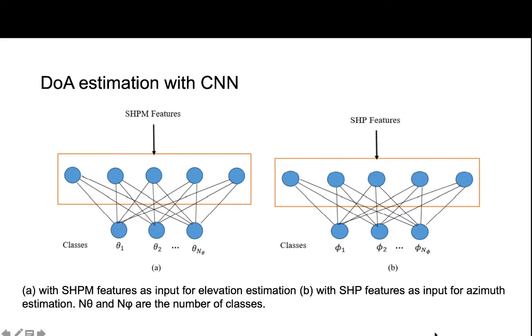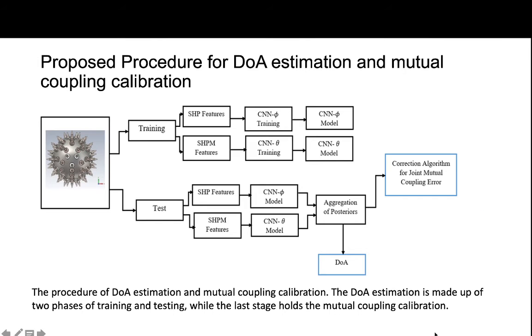These are used as our training data for our network. The proposed procedure for DOA estimation and mutual coupling calibration is here, and we equally investigated the existing algorithms, how they can be used to reduce the mutual coupling problem. And this is the proposed algorithm for DOA and mutual coupling calibration.